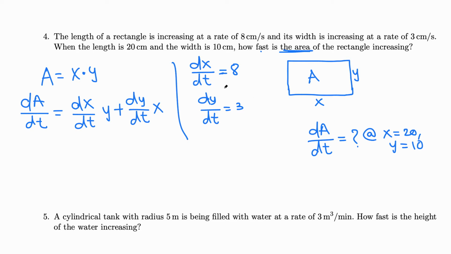Now plug in the given numbers and find the unknown. dA over dt is what we are looking for. dx over dt is 8 times y, which at the moment is 10, plus dy over dt is 3 times x, which is 20. 80 plus 60, so 140, and this is area, so centimeter square per second.